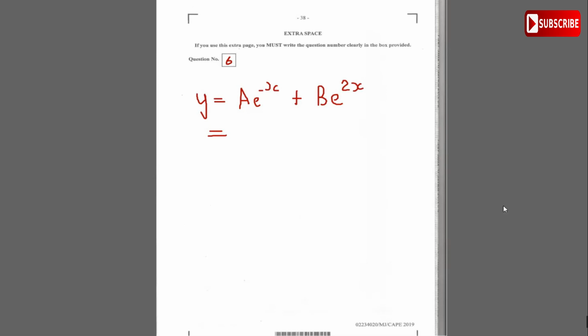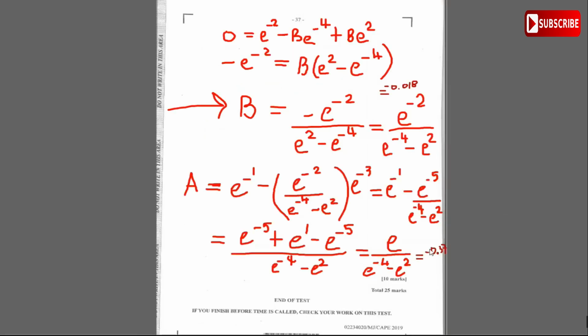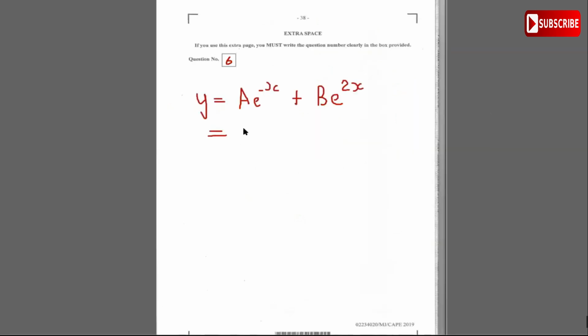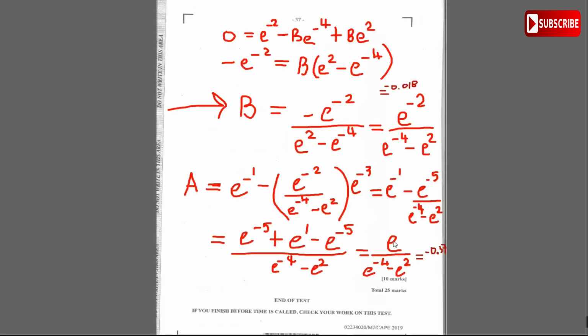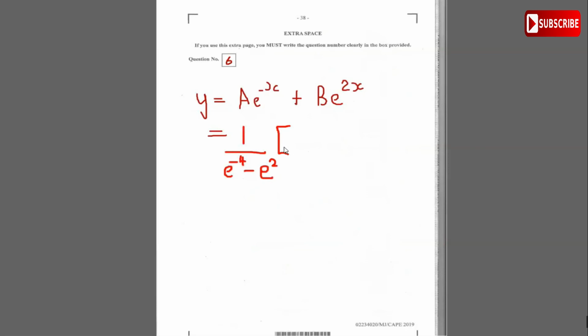Since the denominators are the same, look what I'm going to do. I'm going to factor out this denominator. So I'm going to write it as 1 over e to the minus 4 minus e squared into, I multiply now e, because I have e over this, I multiply e times e to the minus x to get e to the 1 minus x.